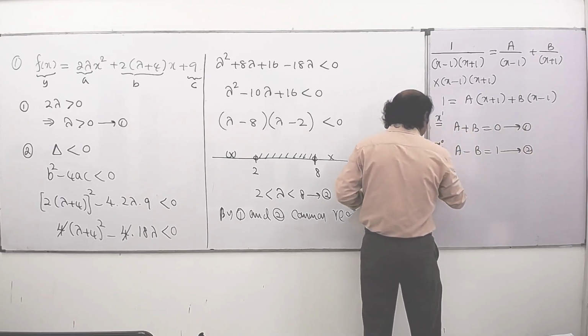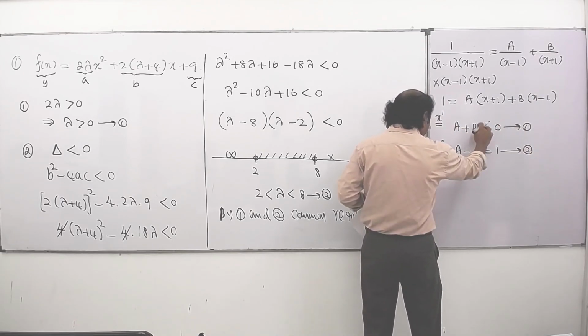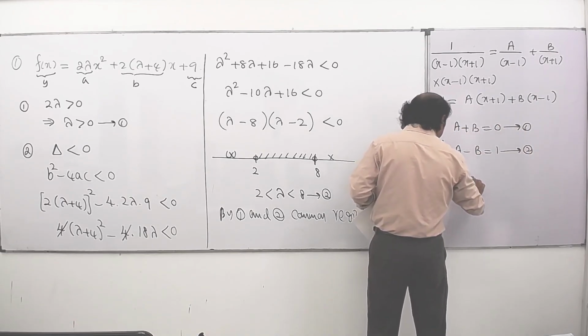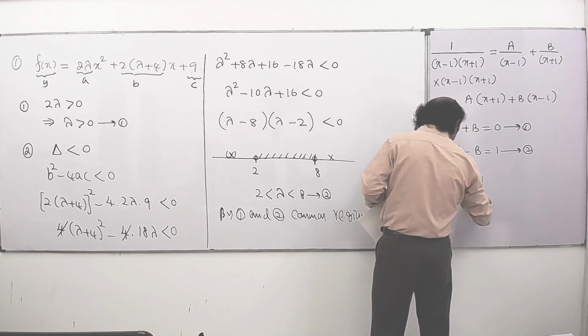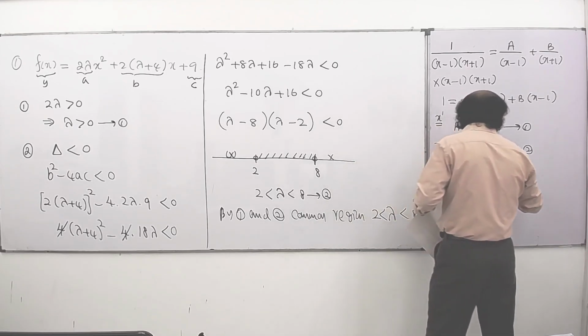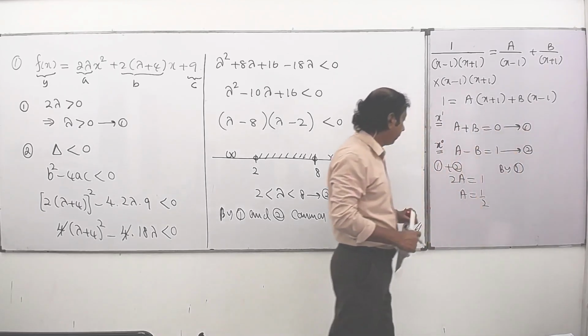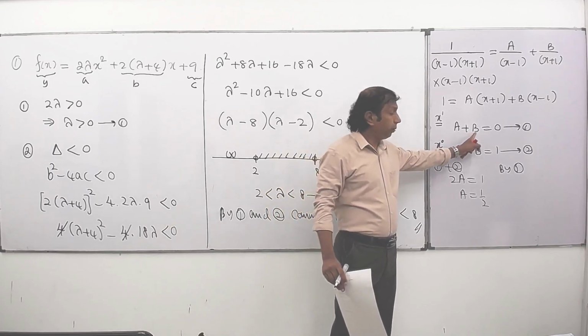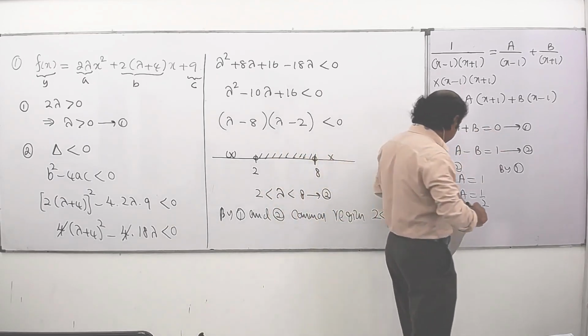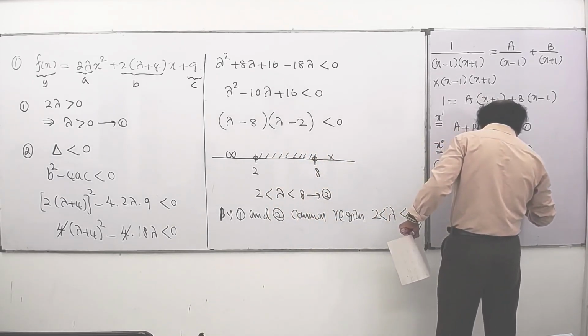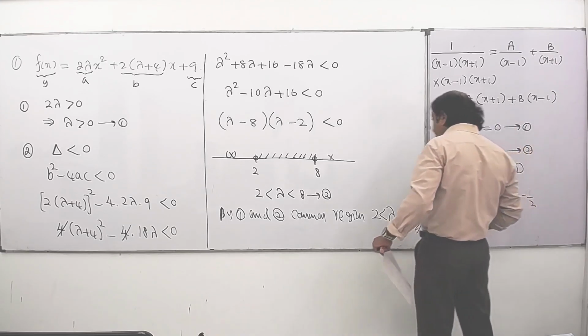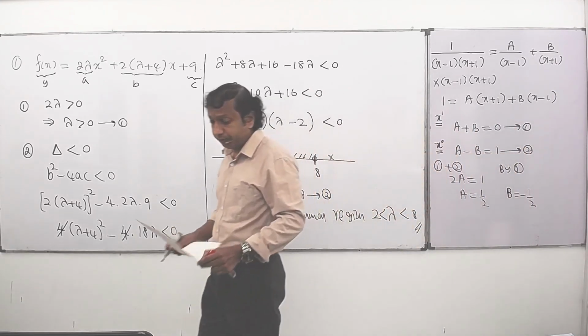Right? And from 1 and 2, we can find A. 2A equals 1, so A equals half. By 1, B equals minus A, so B equals minus half. Then we can write the partial fractions for the given one.